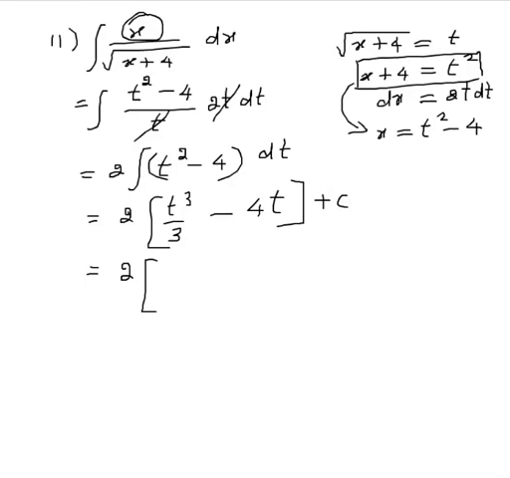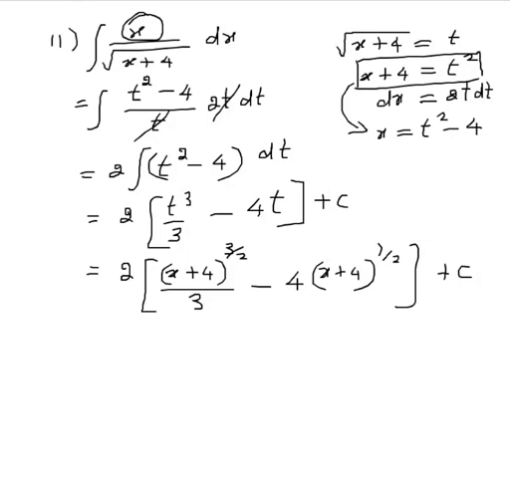Substitute for t. (x + 4), root can be written as power half, so it becomes power 3 by 2 divided by 3 minus 4 times (x + 4) whole power half, and plus c. Root of x + 4 can be taken out. So we get (x + 4) divided by 3 minus 4.